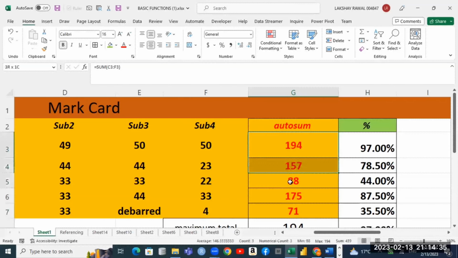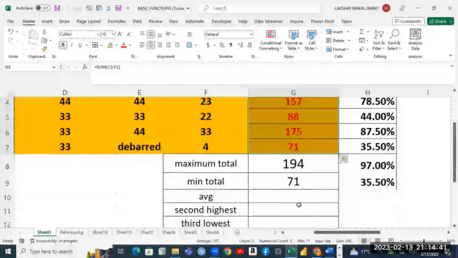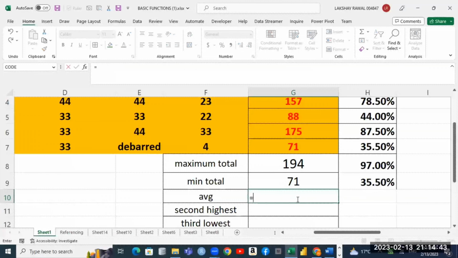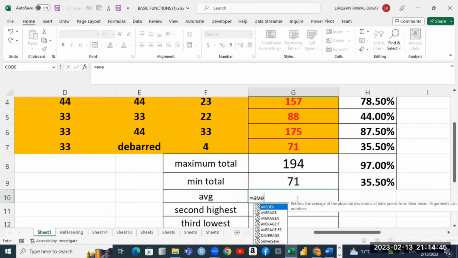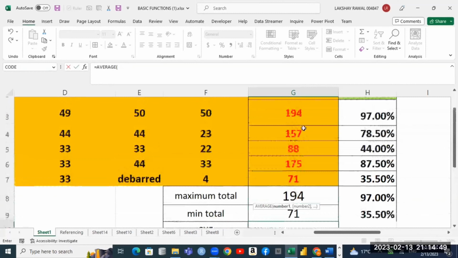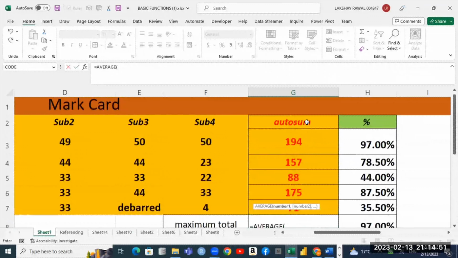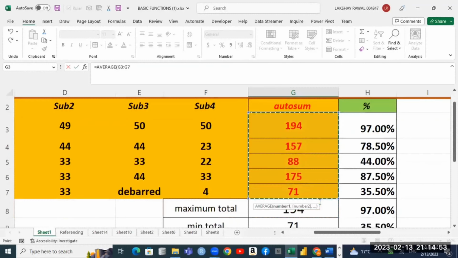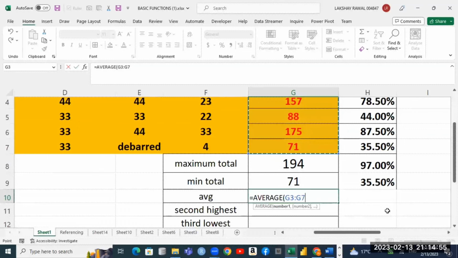So you have to add all the values and divide by 5. We don't need to do that in Excel. There's a function of mean also, but I will do it like this, average. Simply, and it will automatically do all this: sum of observations divided by number. Now I just have to write the formula name and it will automatically take the average.